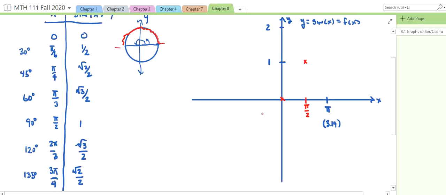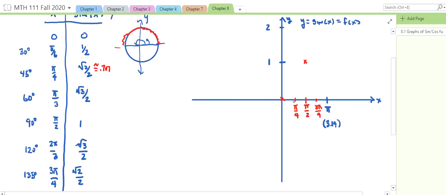And then halfway between those is the 45 degree, which is pi over 4. This is 2 pi over 4, so this will be 3 pi over 4. And when x is pi over 4, y equals square root of 2 over 2. The square root of 2 over 2 is approximately 0.707.